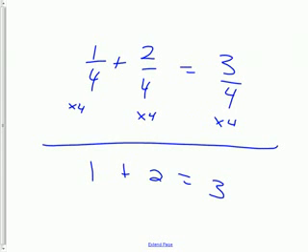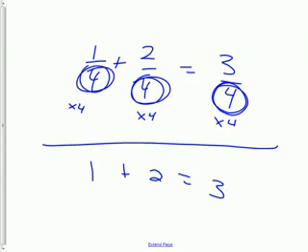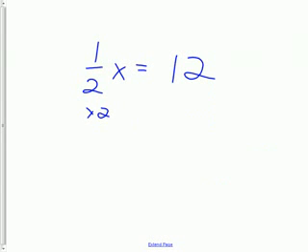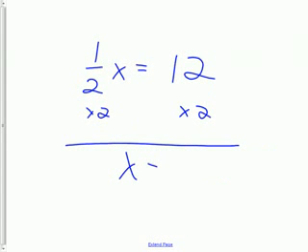It's still true. So you can use that trick to get rid of fractions. If you multiply by that denominator that's annoying you, you will get rid of the fraction. So if I gave you a simple one like 1/2 x equals 12, and I didn't want to deal with the fraction anymore, what could I multiply by? 2. Okay, I multiply by that denominator and times this by 2 and times this by 2, and I will have x is equal to 24.